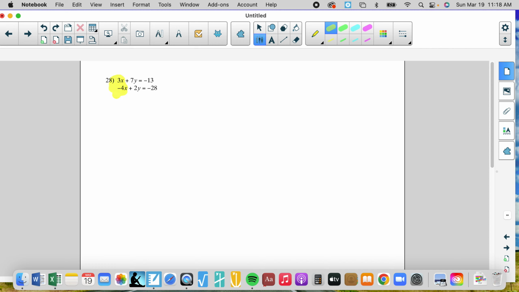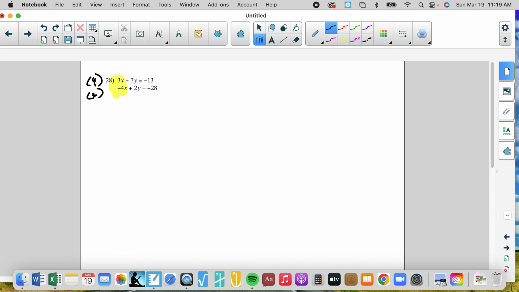So I have to find a common multiple. What is a common multiple of 3 and 4? Well, 24. We could also do 12. We could do 60. But let's pick the least common multiple. It's always best. You can still choose any number, but let's pick 12.